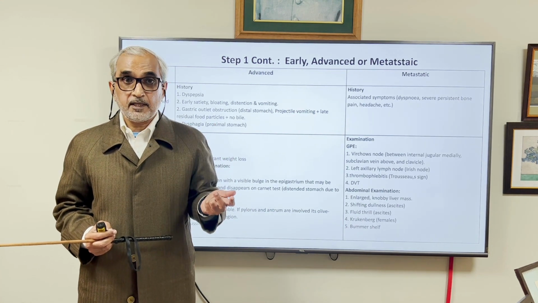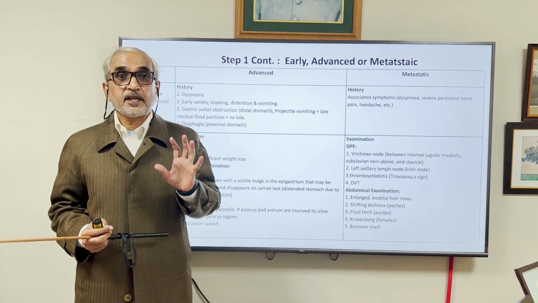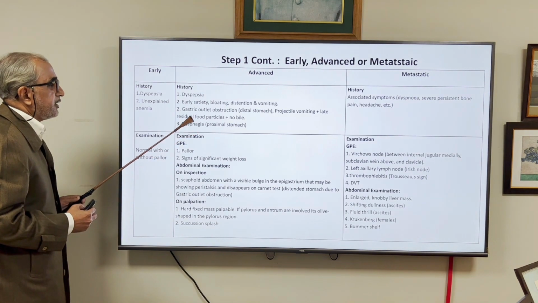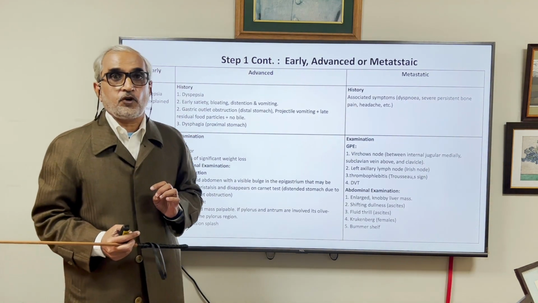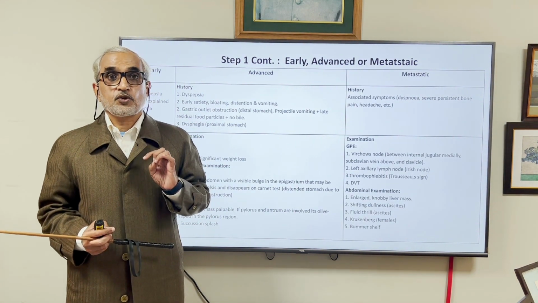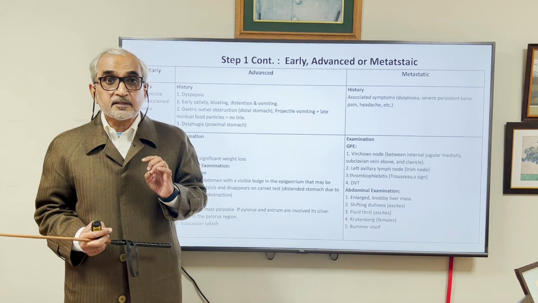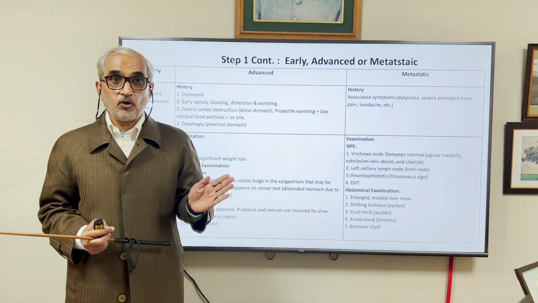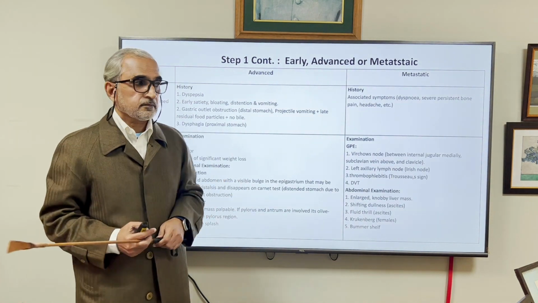If it doesn't show bile, it means the patient is giving a history of gastric outlet obstruction. Or with dysphagia, the patient is suffering from advanced carcinoma stomach, unless there are associated metastatic features present, in which case we call it a metastatic disease.